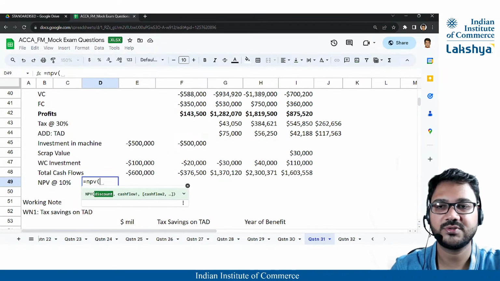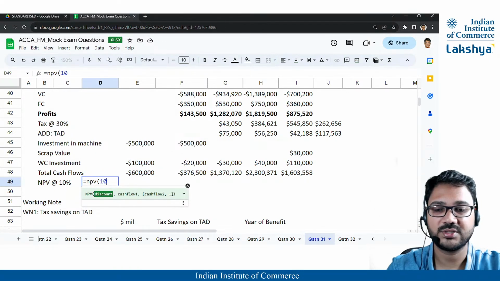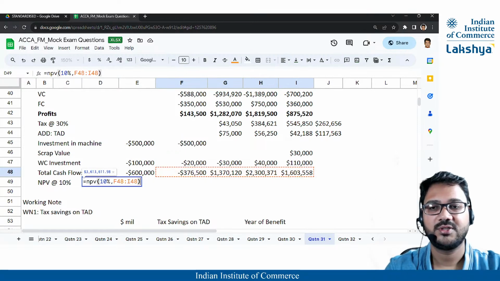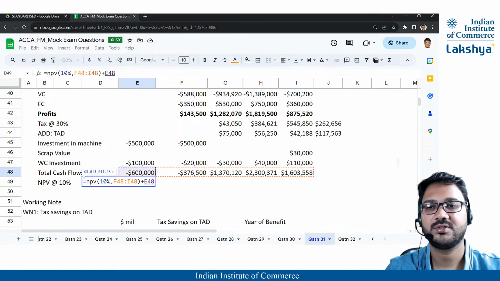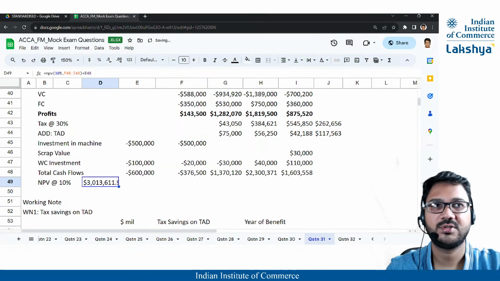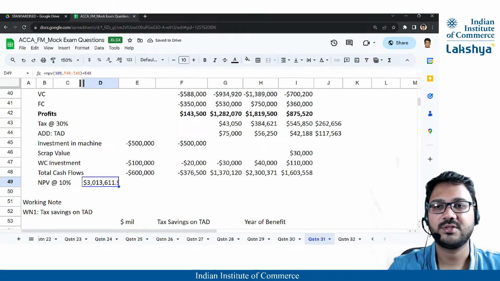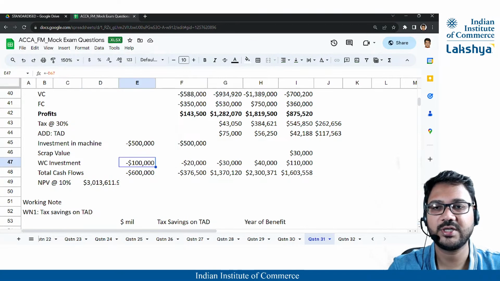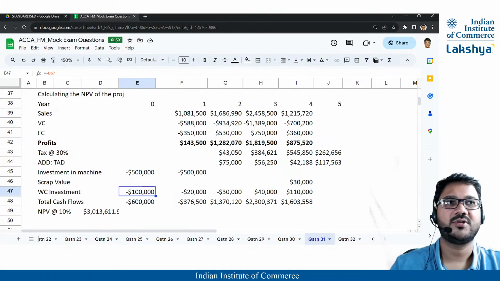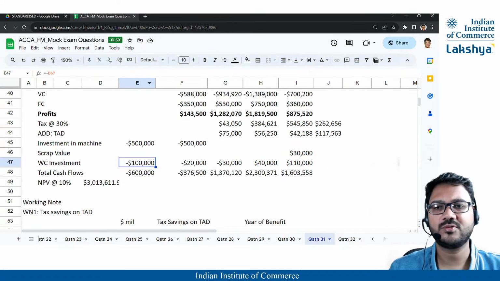Select the discounting rate 10%, and then select the undiscounted future cash flow. So future cash flows, not present. So from year 1 onwards, and then we need to adjust for year 0. Okay, so it's 303. Wait, sorry, this working capital investment is from year 1 onwards, right? So, oh no, year 0, this seems proper.